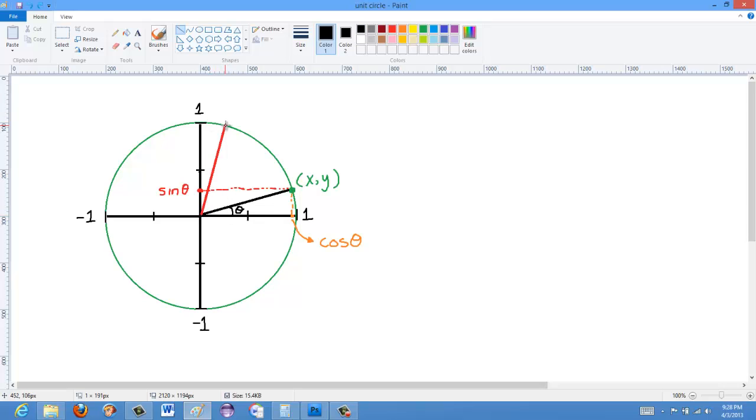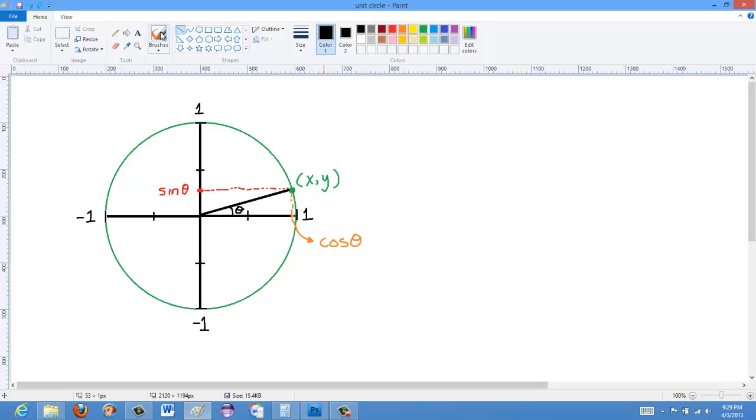However, its sine value would be very, very high. So for large angles, and we're talking only about this first quadrant, only within 0 to 90 degrees, sine values are relatively big when the angle is large, close to 90 degrees, and cos values are large when the angle is low.